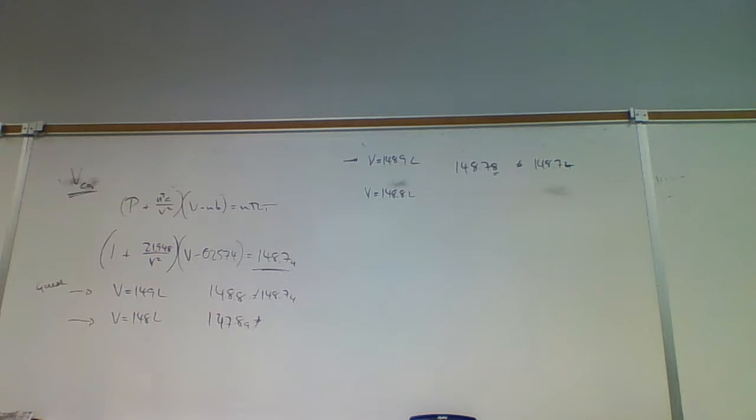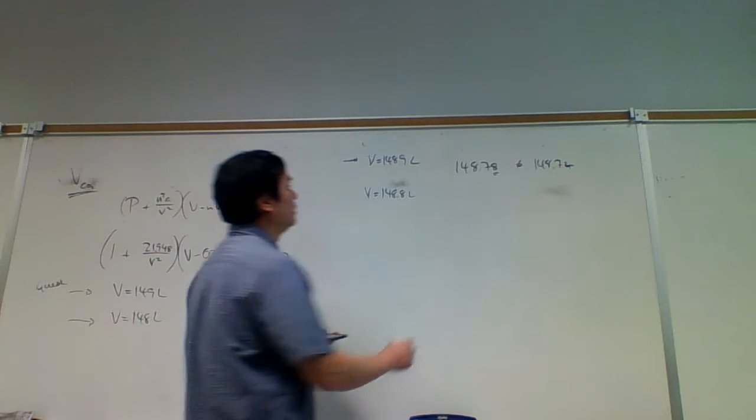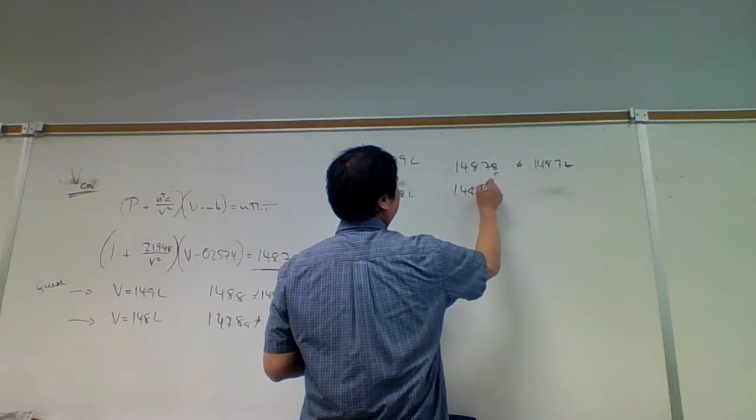And so I'll go 21.948 divided by 148.8 squared, equals that, plus 1, times 148.8 minus 0.2574, parentheses, and I get 148.68.